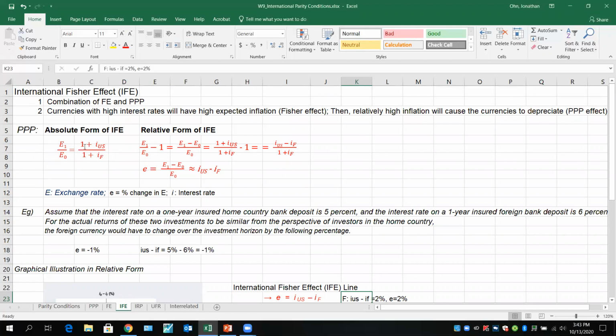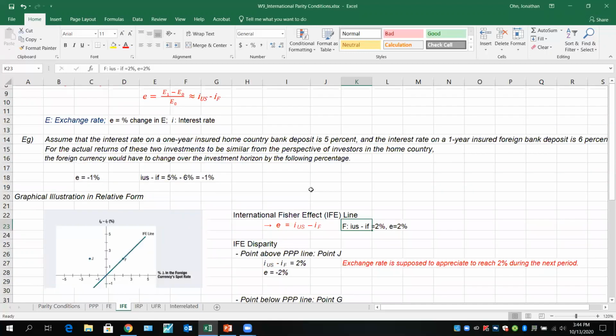That's what the model says. So if UK interest rate is high, then E1, the next UK exchange rate, is supposed to go lower. That's what the international Fisher effect says.